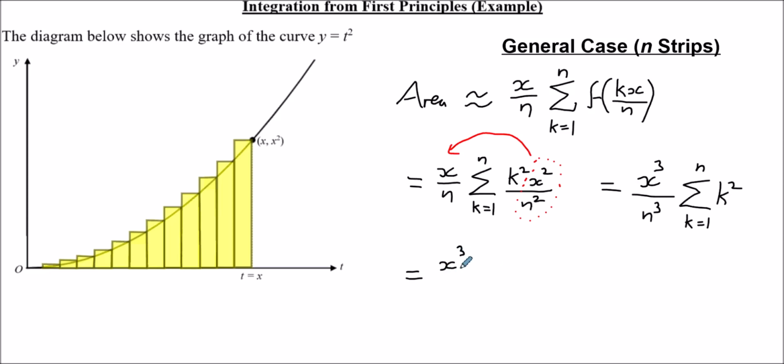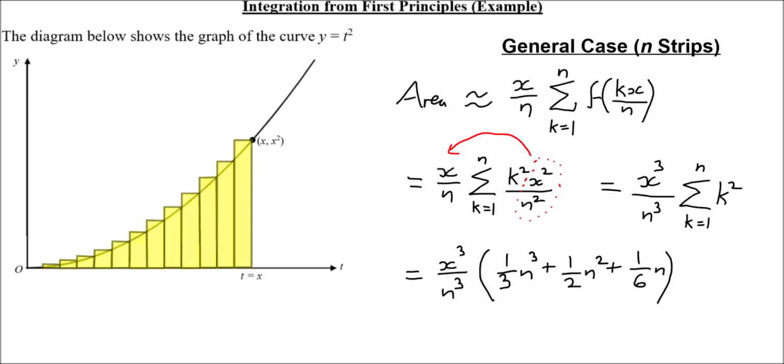So now we need to remember that result from before. So we have x cubed over n cubed, and the sum of the first n square numbers from before was 1/3 n cubed plus a half n squared plus 1/6 n.